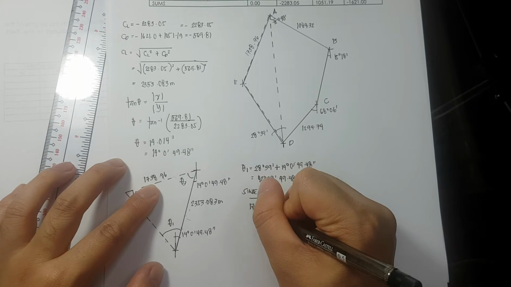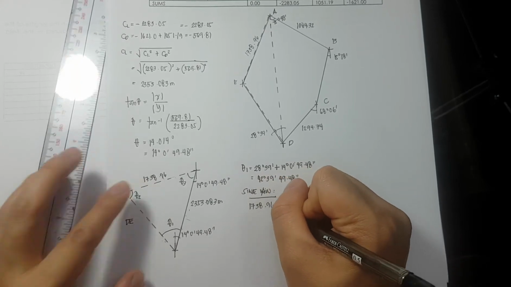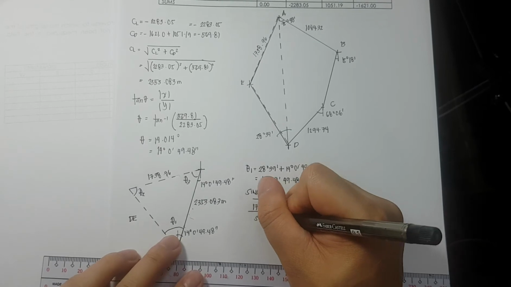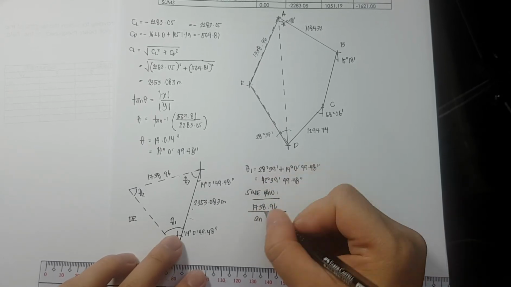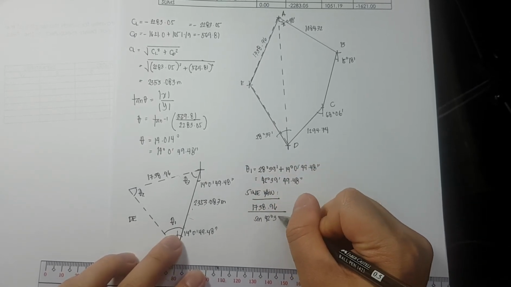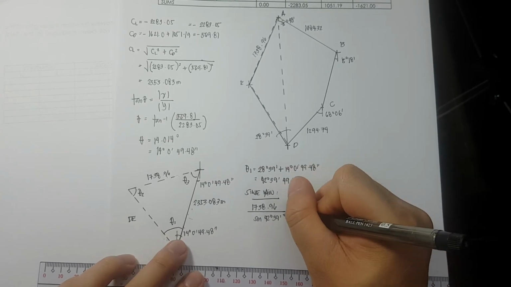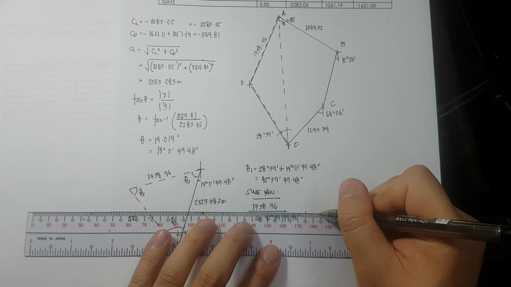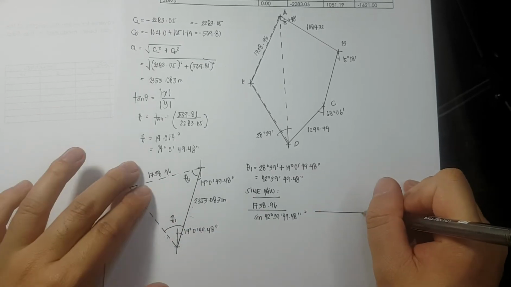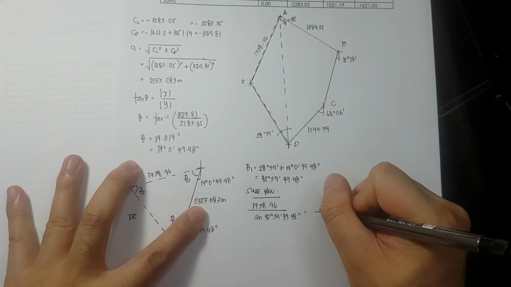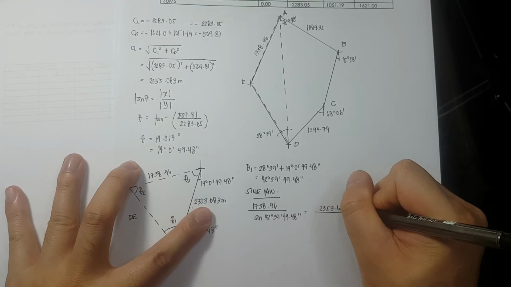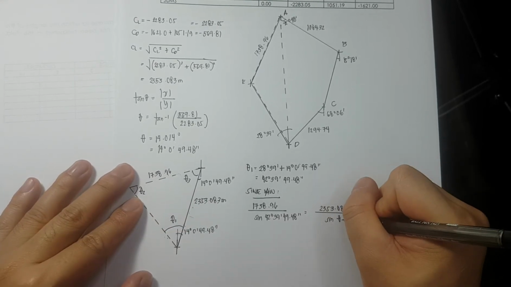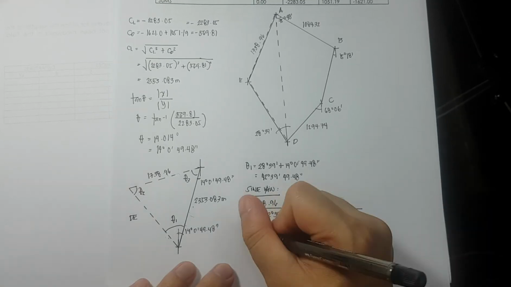So 1,738.96 divided by sine theta 1, and that is 42 degrees 39 minutes 49.48 seconds, is equivalent to, ano yung isang side? We have 2,353.083 over sine of theta 2. Cross multiply.